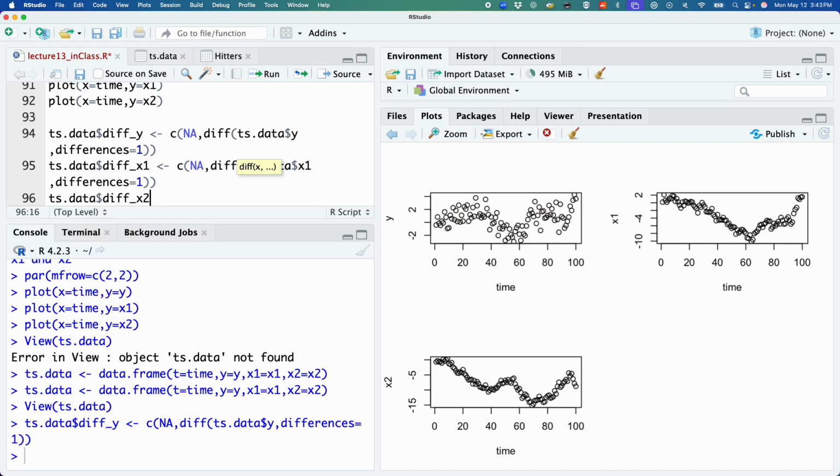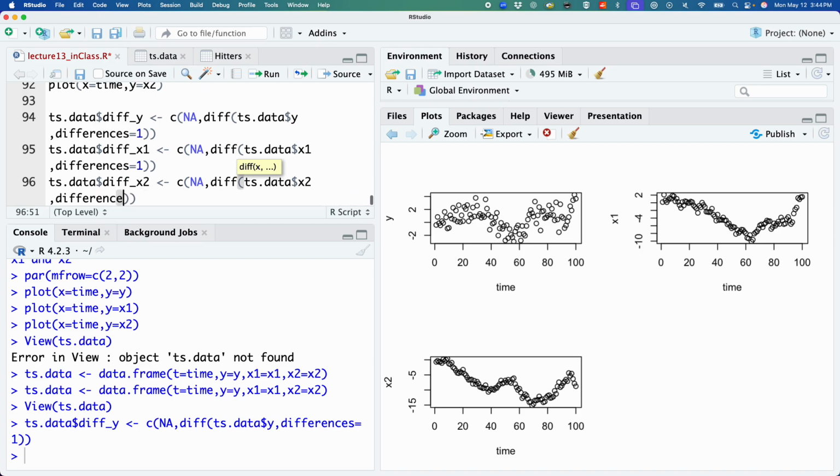And x2. So the differences equals 1 is one of the input options on the diff function, which just means that I'm subtracting the one entry previous. You can have it do kind of larger intervals by changing that value if you wanted.